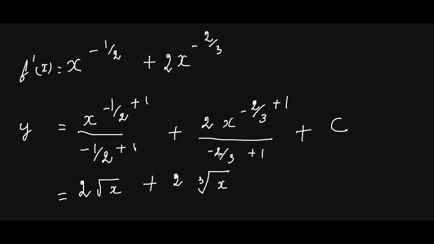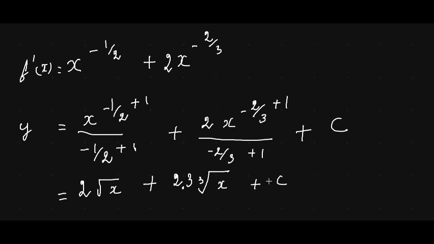So now the denominator, minus 2 by 3 plus 1, is minus 2 plus 3 divided by 3. Minus 2 plus 3 is plus 1 divided by 3. And then you make it upside down, it will be 3, right? So it's 2 multiplied by 3 plus c.